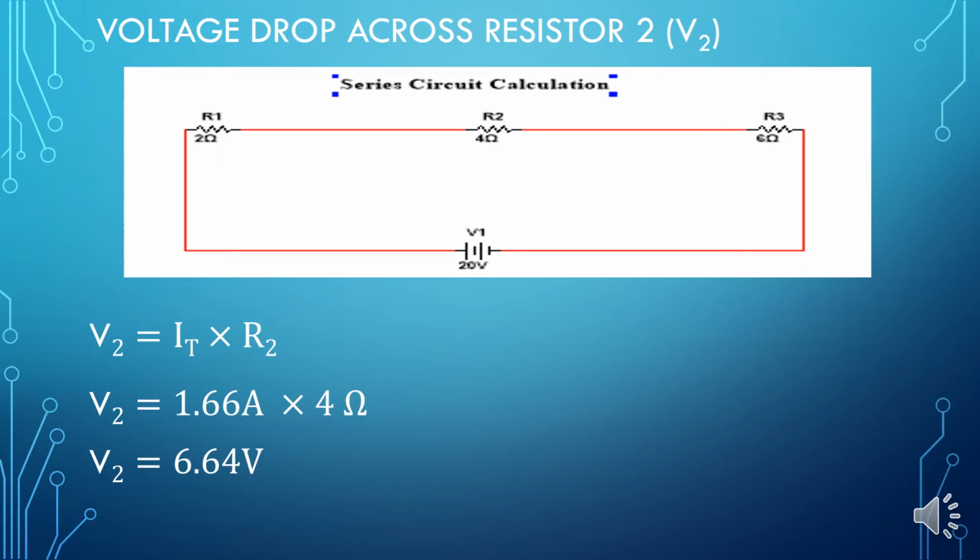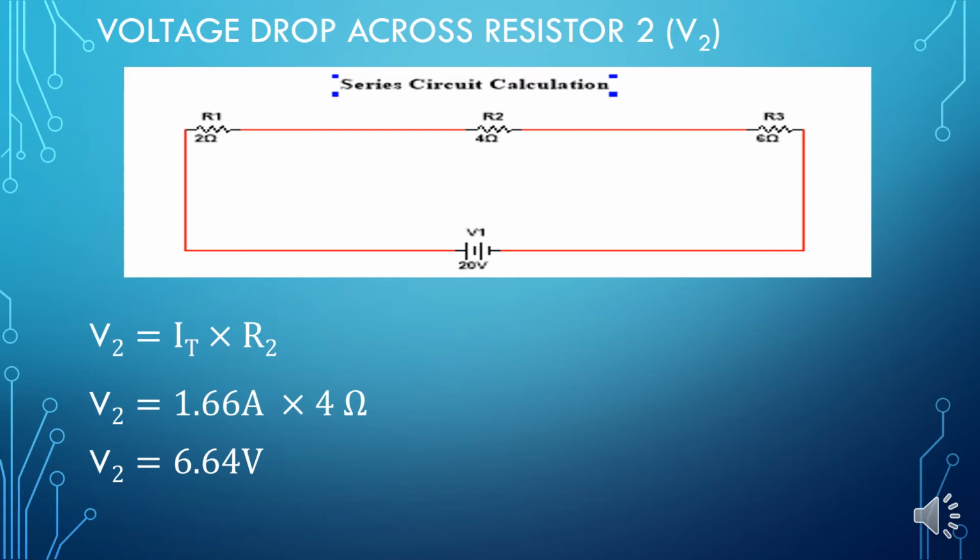Go ahead and try using this same formula to find the voltage drop across resistor 1 and resistor 3. IT would be the same, and the only thing that will change is the resistor voltage, and our answer will be different.